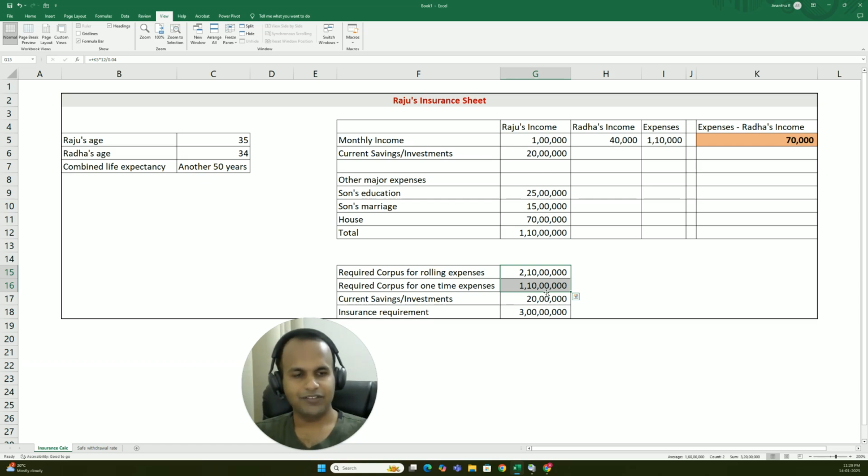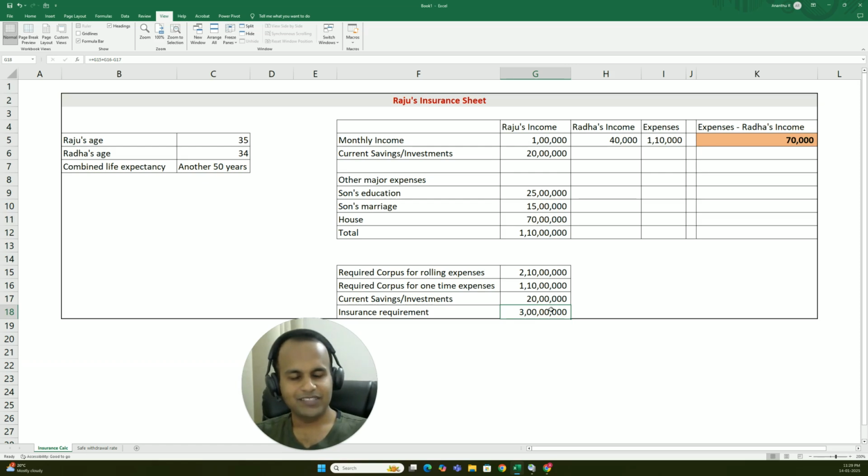They already have 20 lakhs of investments. So your insurance requirement comes out to 3 crore 20 lakhs minus 20 lakhs, which is 3 CR. So Raju would actually require an insurance of 3 CR, right?